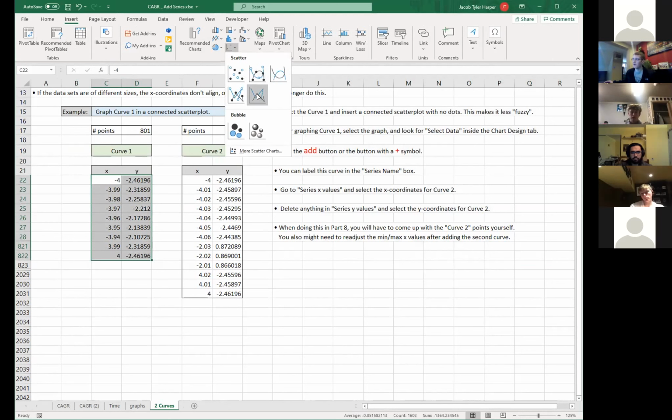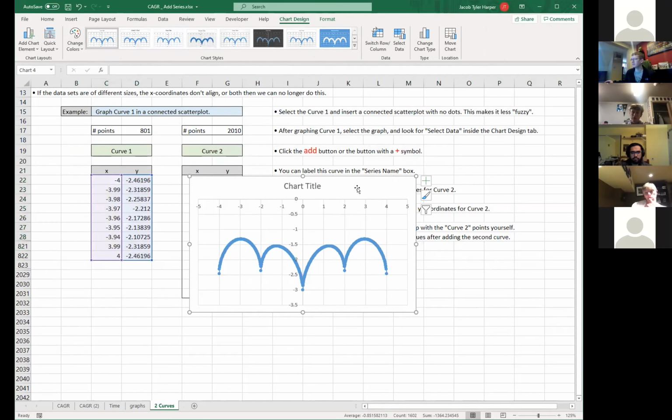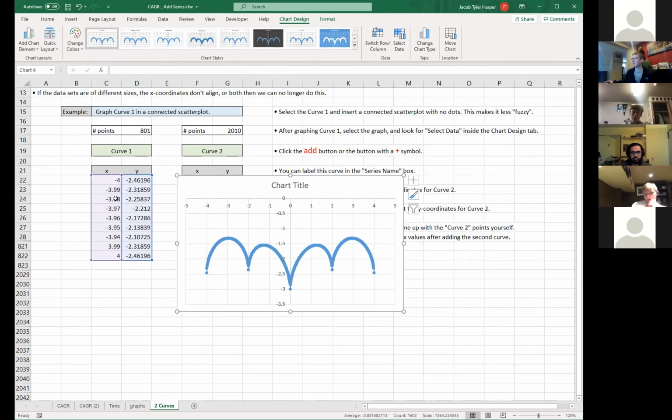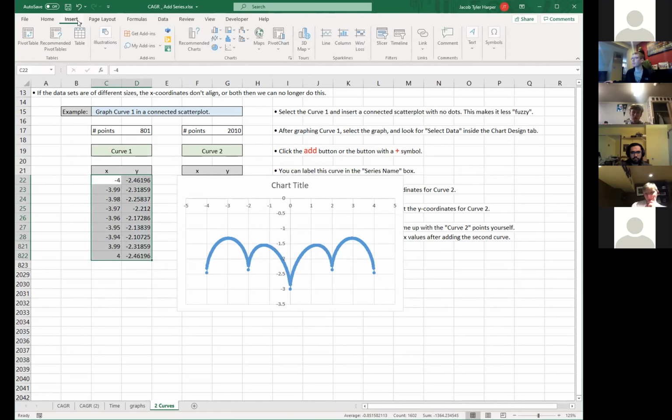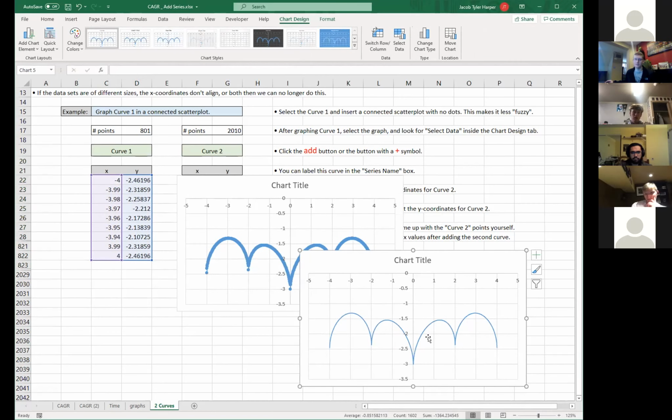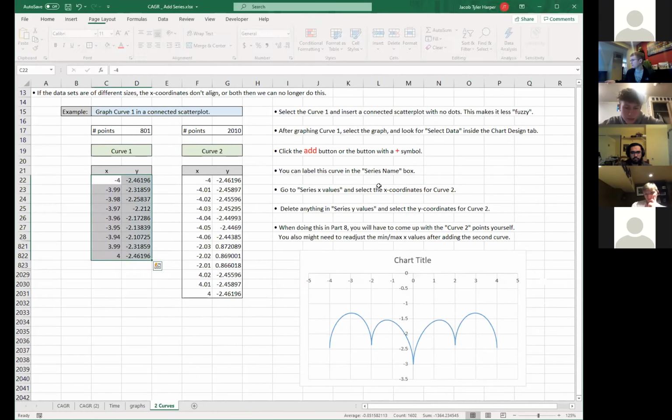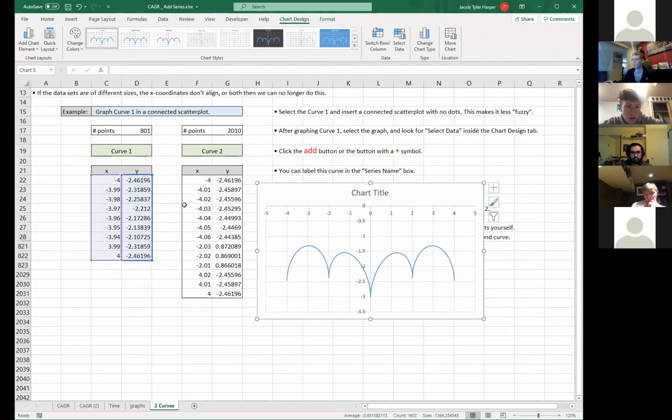See how these two do not have dots on them? I'll show you why. It gets kind of fuzzy. I'll show you the difference, that one versus, pick one of the options without the dots. This one's just much cleaner to read. So we graph one of the curves.